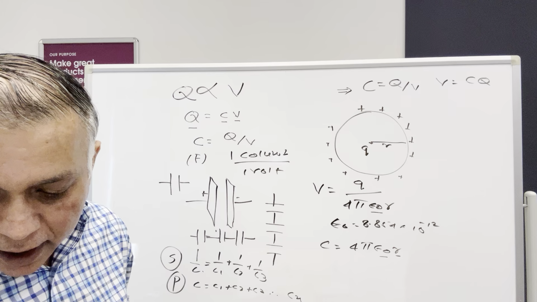So in this case, C then becomes 4 pi epsilon 0 R. So another equation to keep in mind is that for a spherical isolated conductor, the capacitance is calculated as 4 pi epsilon 0 R, where R is the radius, and epsilon 0 is the permittivity, or a constant, whatever you want to call it, 8.854 times 10 raised to minus 12 farad per meter.